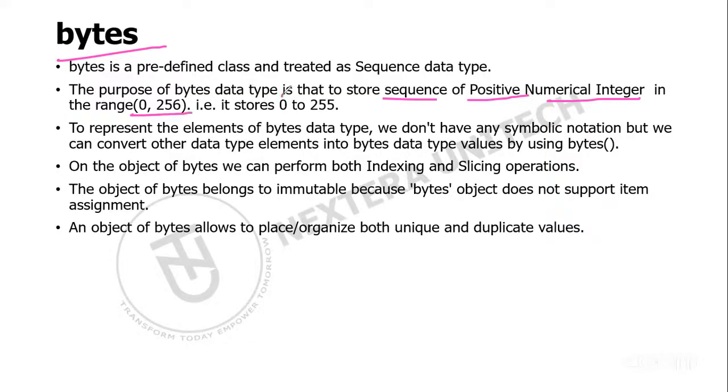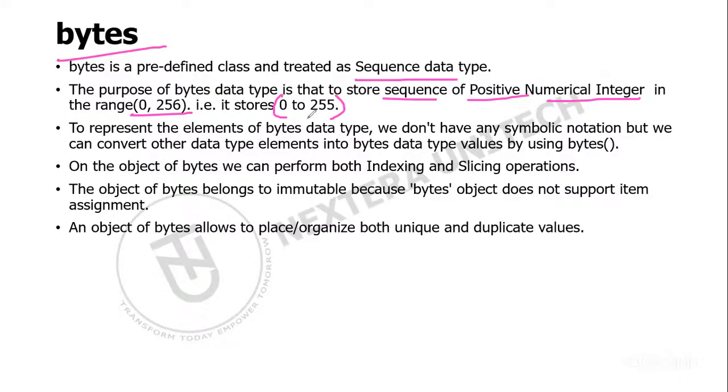I repeat, bytes being part of sequence category data types, it helps us to store sequence of positive integers. Okay, I can store positive integers. But is there any range for it? Yes.